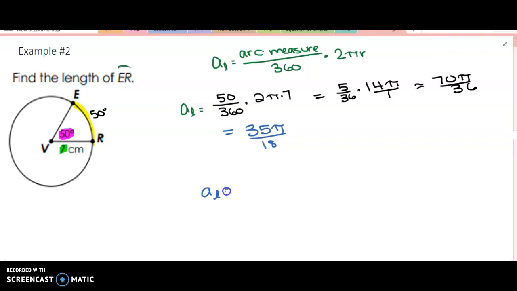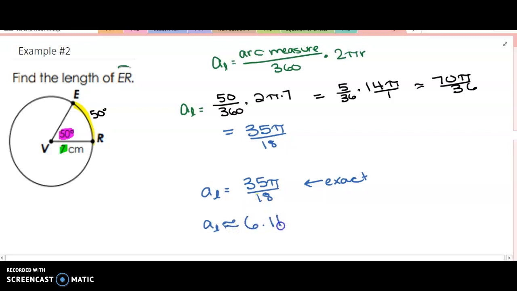So my arc length, if I want it exact, is 35 pi over 18. If I want it rounded, I could say my arc length is roughly, if I put this in my calculator, 6.11 centimeters.